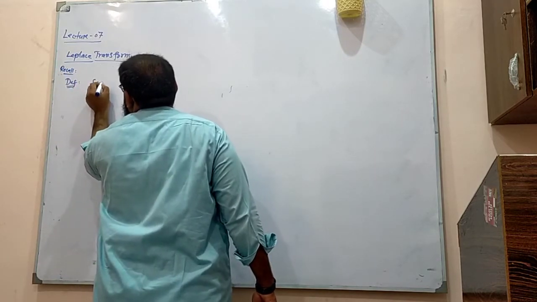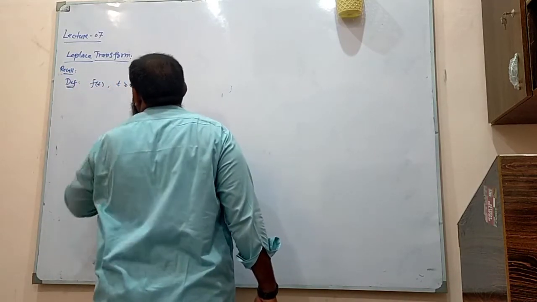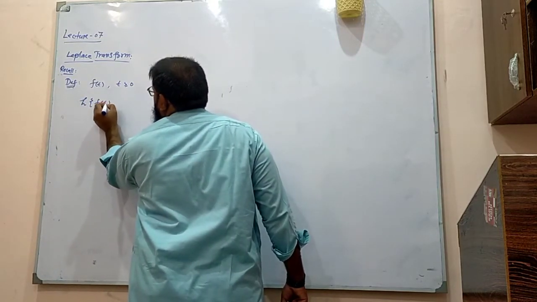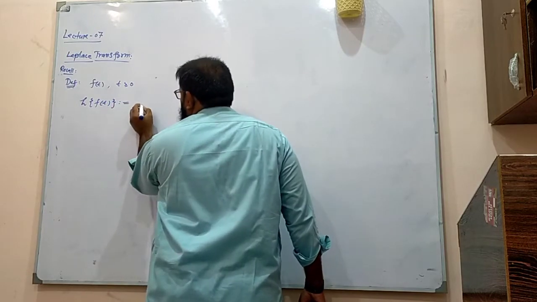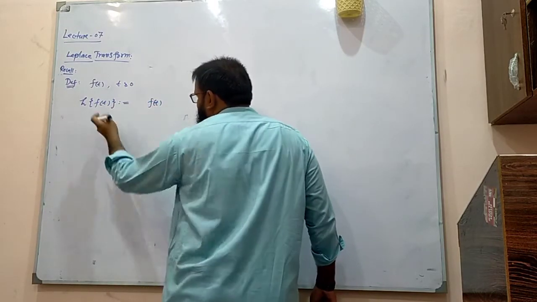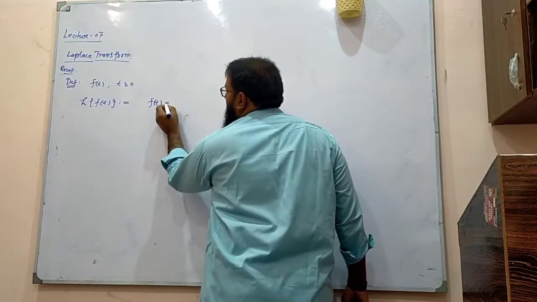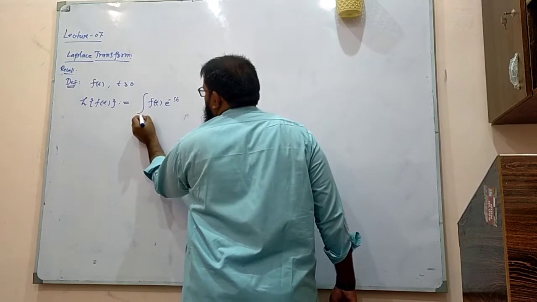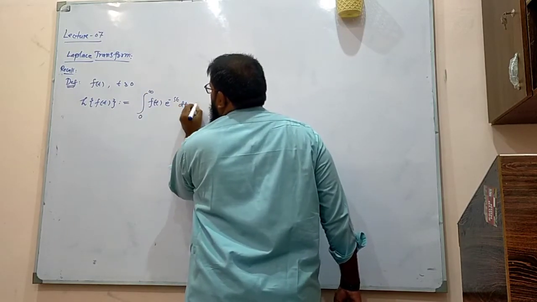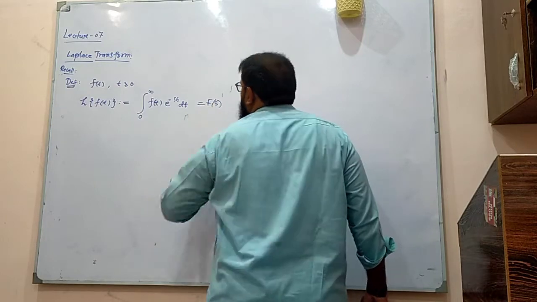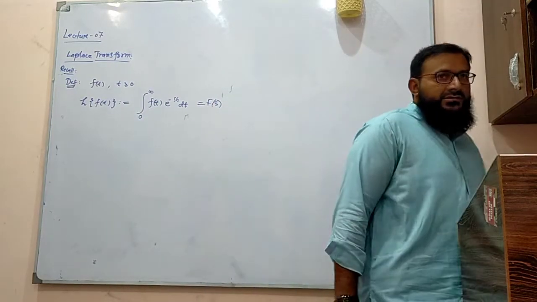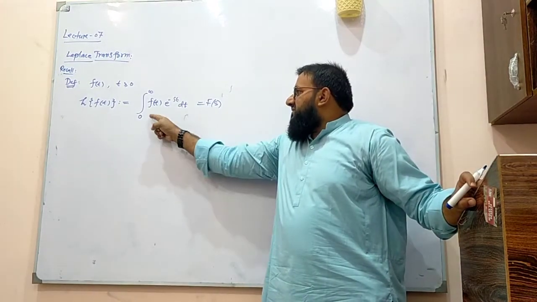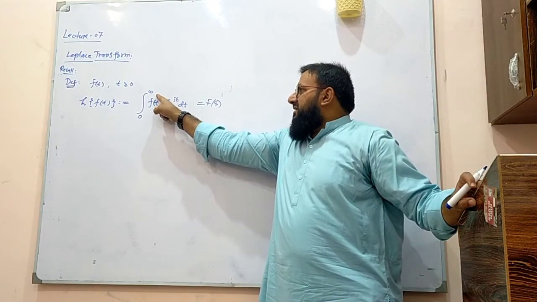Given f of t, where t is greater than or equal to 0, the Laplace transform of f of t is defined as the integral of f of t, the function given to us, multiplied by the kernel e to the power minus st, integrated over the domain 0 to infinity, and we call this a function of s.